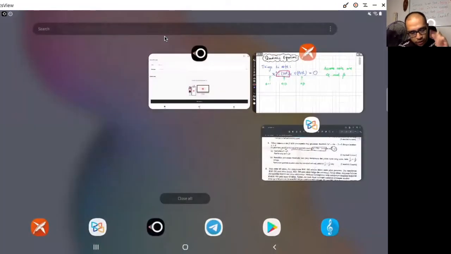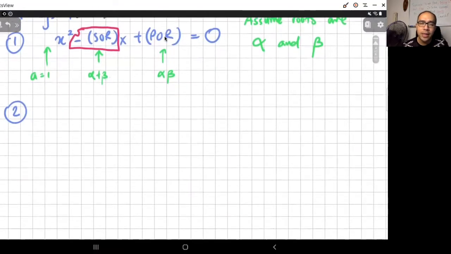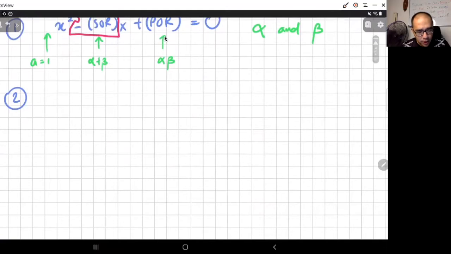Secondly, it is always a good idea to remember this very important thing. Number two, I would say a shortcut, is that alpha plus beta squared equals to alpha squared plus 2 alpha beta plus beta squared.